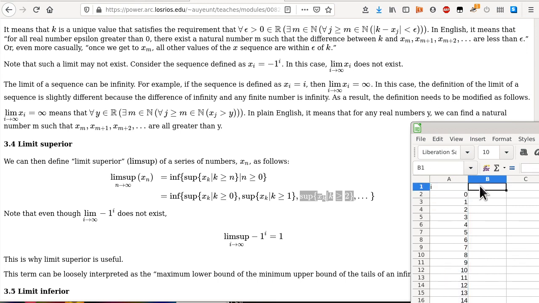This time we have to define x of i so that it is not a monotonic function, because a monotonic function doesn't help to illustrate the concept of limit superior. So we have to find something that oscillates, and the oscillation does not decrease in amplitude. So sine and cosine are applicable functions because they are cyclical and they do not settle.